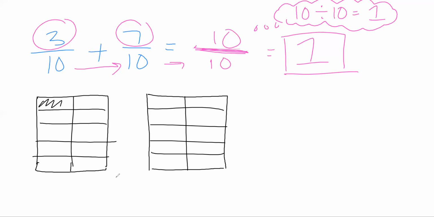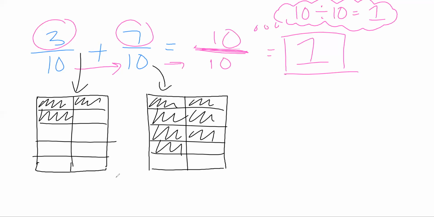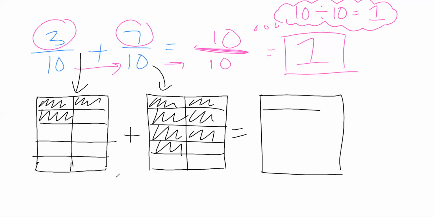Okay, and this is 3: 1, 2, 3. And this one is 7: 1, 2, 3, 4, 5, 6, 7. And 7 tenths, 3 tenths, we're going to put these together. So 1, 2, 3, 4, boom, there's 10 pieces. So let's count up what we have and then move them into the final model.